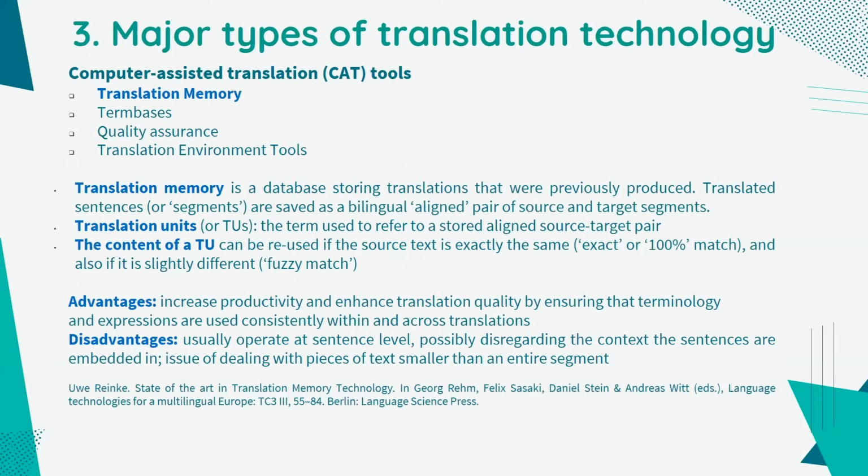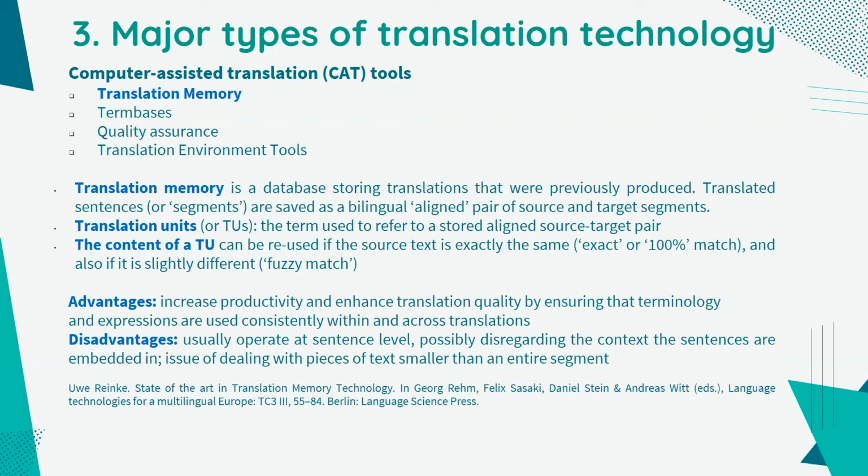The second component is computer-assisted translation tools, and we will start by introducing translation memory. It is a database storing translations that were previously translated by the translator. So translated sentences or segments will be saved as bilingual and aligned pairs of source and target segments.